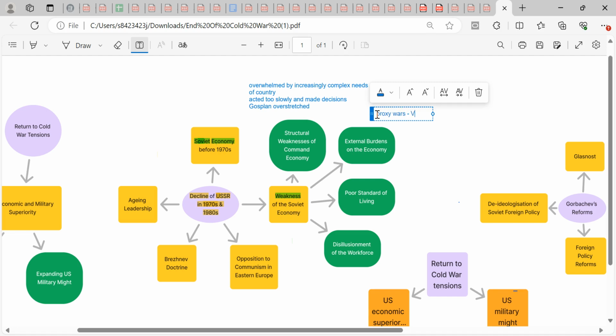Their involvement in the Vietnam War, the Angolan Civil War, and of course, the Soviet invasion of Afghanistan, what the Americans called the Soviet Union's Vietnam. So really a war that not only complicated their position in international standing, but at the same time, strategically and economically, was not a very sound decision, right?